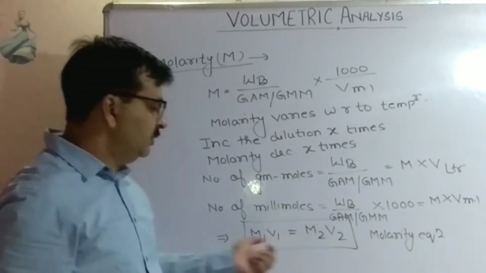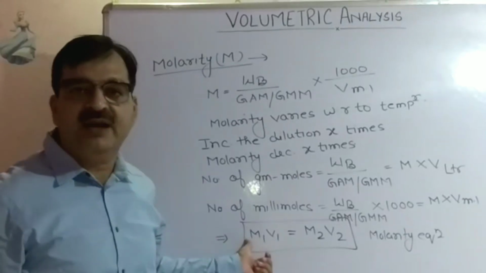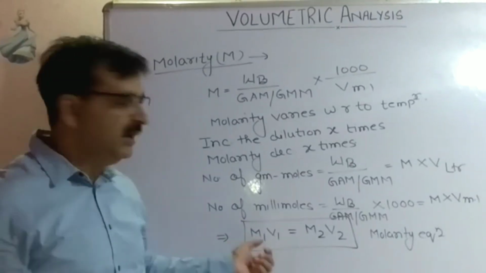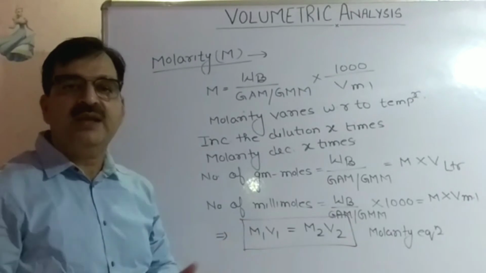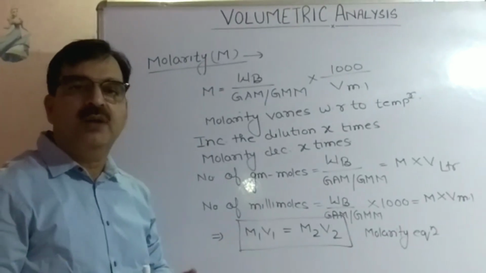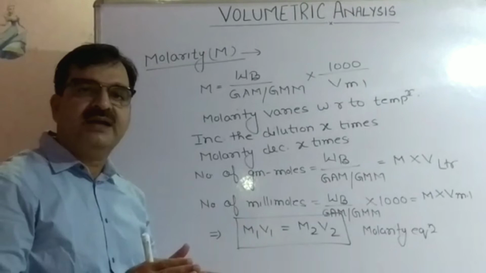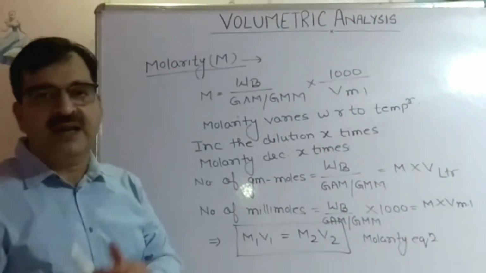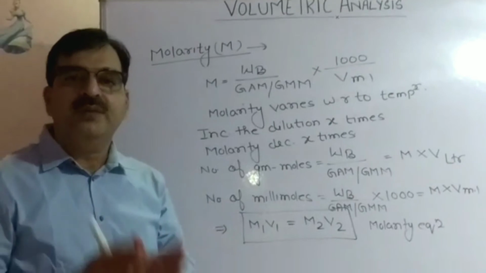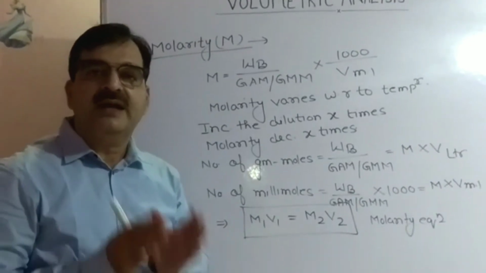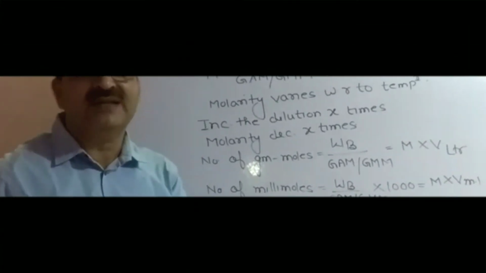With the help of this equation, we can convert the molarity of a concentrated solution to a dilute solution, and in the chemistry lab, we can prepare different solutions of desired strength.